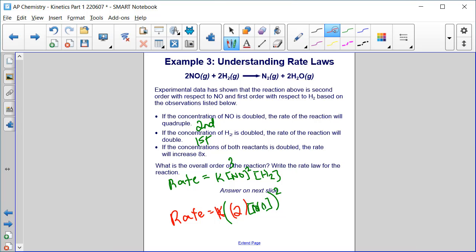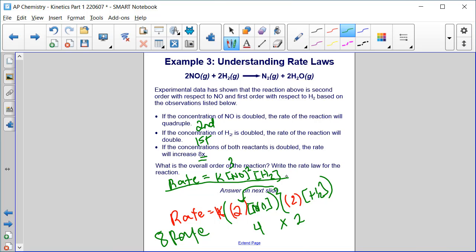And then I have 2 times the concentration of H2. And, of course, this is just raised to the first power. What factor is the rate changing by here? So it's 2 squared, which is 4, and 2 to the first power, which is 2. So 4 times 2 is 8. So the rate should be 8 times the original, which is what we get here. So we have an overall third order reaction with this rate law. We'll review this on the next slide.